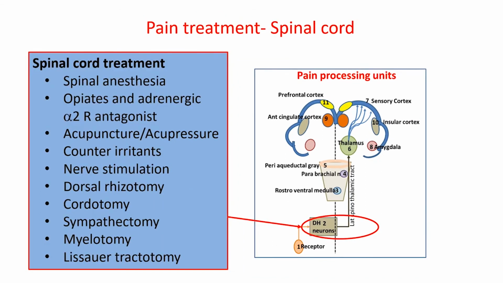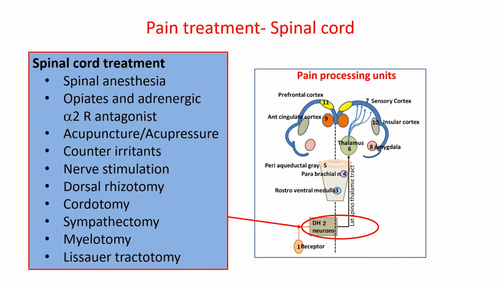In the spinal cord, there are spinal anesthesia, epidural anesthesia or subdural anesthesia. As you try to understand, they are utilizing different planes in the spinal cord, different areas or different layers of the spinal coverings.